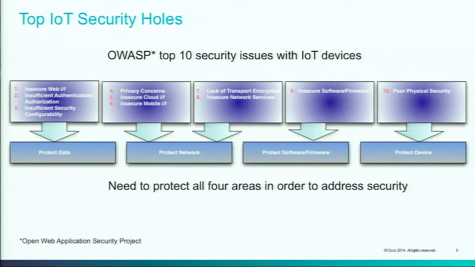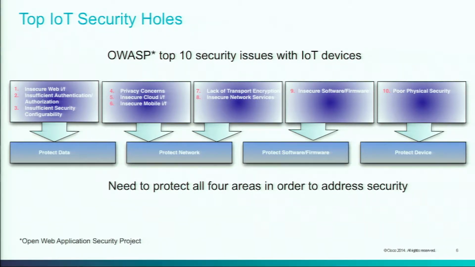So here was an interesting analysis, or I thought it was interesting anyways, done by the Open Web Application Security Project. I think they did it along with HP. But in any case, they looked at current IoT devices and came up with the top 10 security issues in IoT devices. And not surprisingly, those all apply to fog.